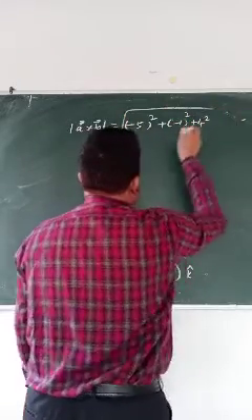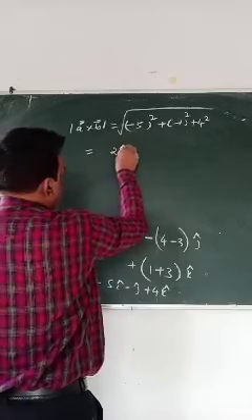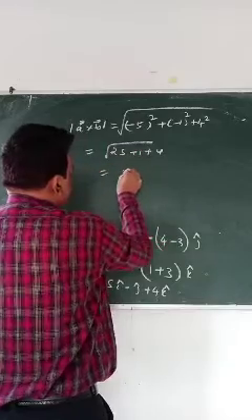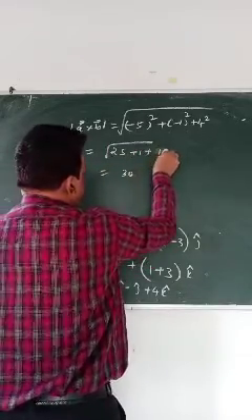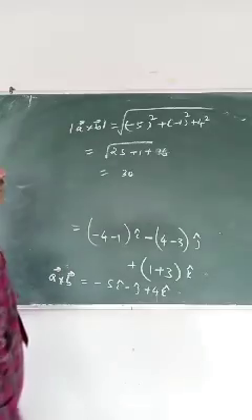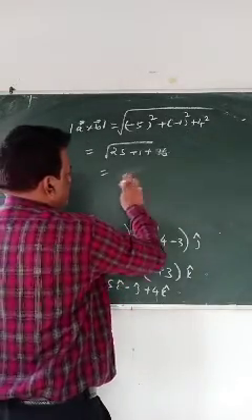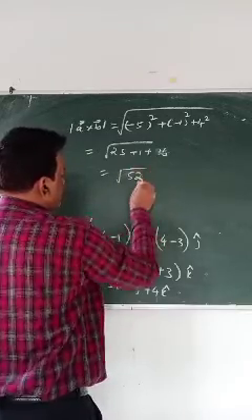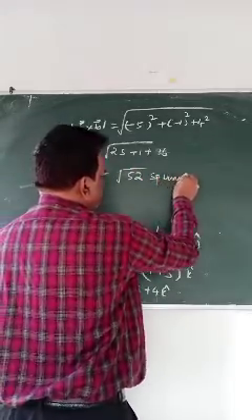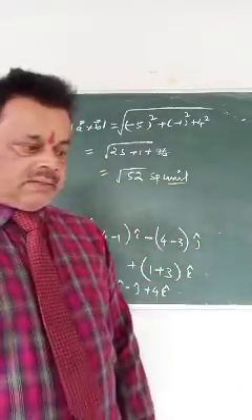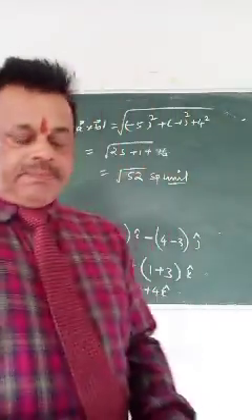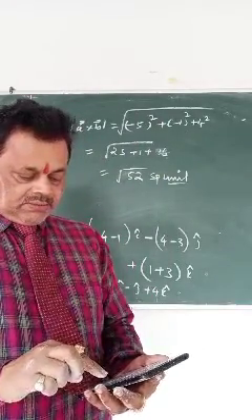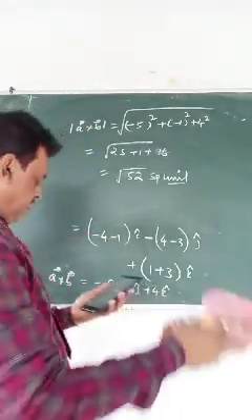It is 25, 1, plus 16, so square root of 42 square unit. This is one question. Okay. See the next one. Next one is another question from plane.